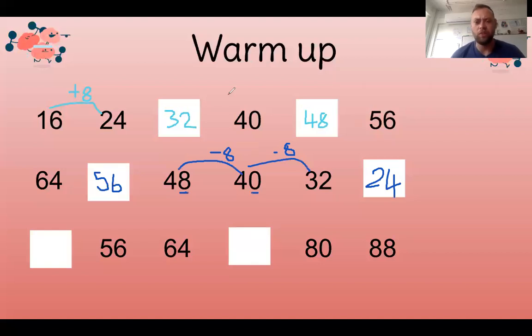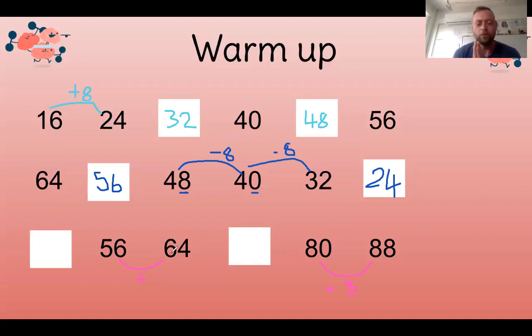Look at the next one. This is a tough one. I need to work out the difference here. Well, first of all, I know I'm adding because it's getting bigger. Same as here. Oh, hold on. This one's nice and easy. If I have 80 and I add 8 to it, it becomes 88. So I'm adding 8 here. Let me just check.